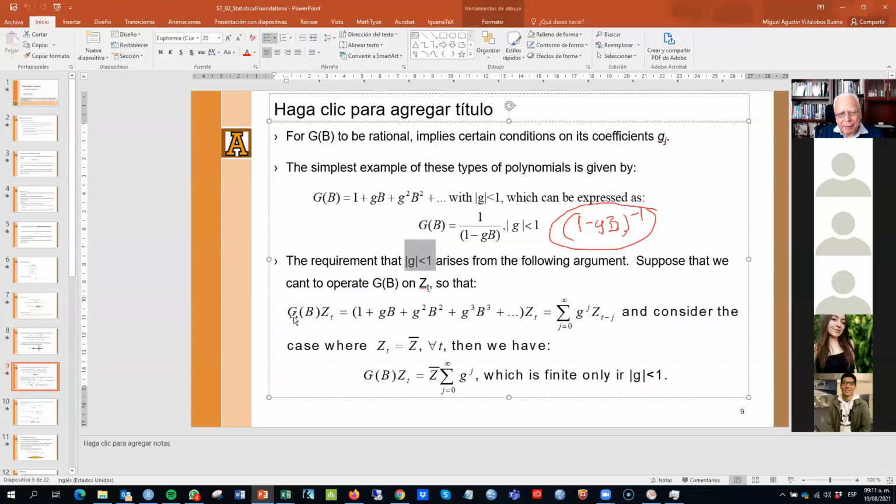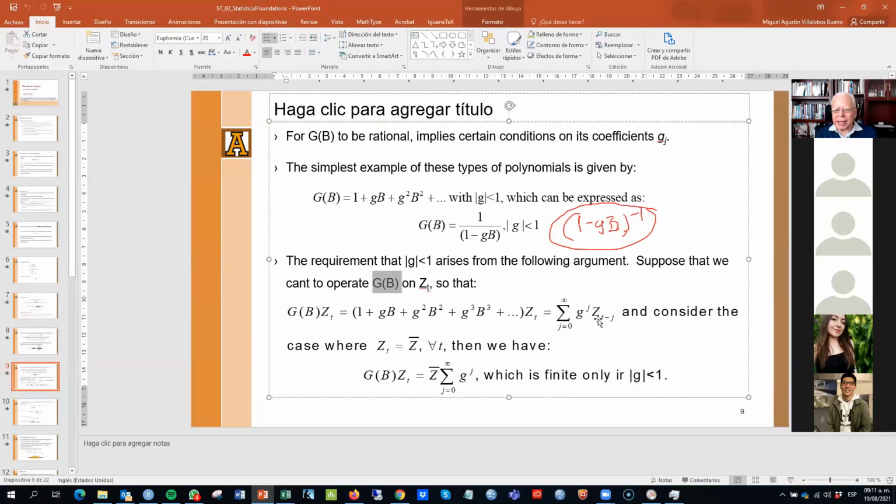If I want to operate the backshift polynomial G of B on Z_t, so that when I apply G(B) to Z_t I get this sum.